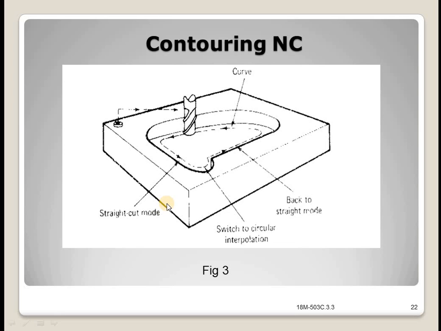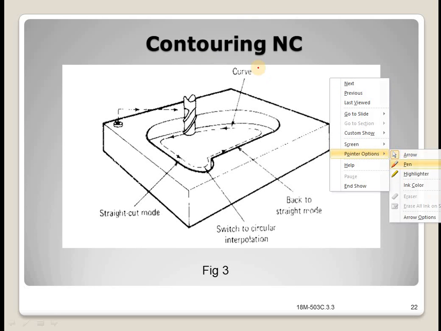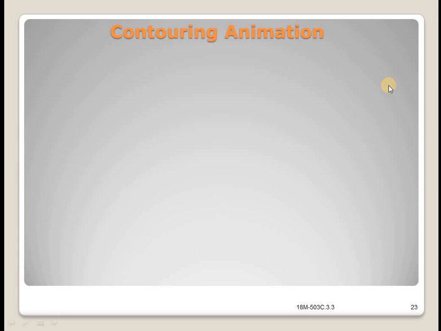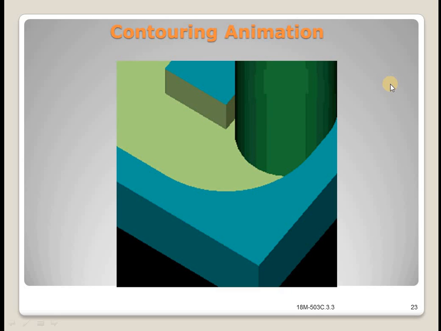Contouring systems generate a continuously controlled tool path by the capability of computing the points on the path, interpolating. For this reason, contouring systems are also called continuous path NC systems. All NC contouring systems have the ability to perform linear and circular or parabolic interpolation features. So this is the contouring animation.